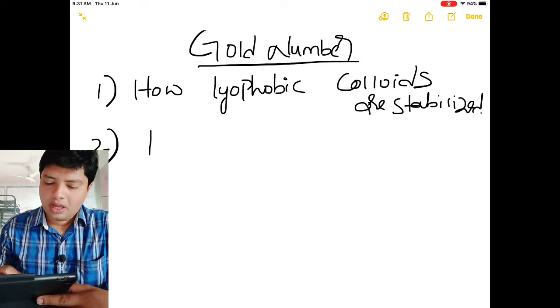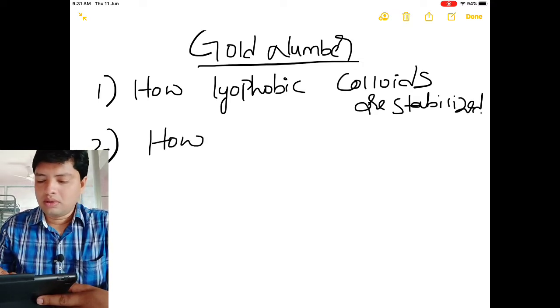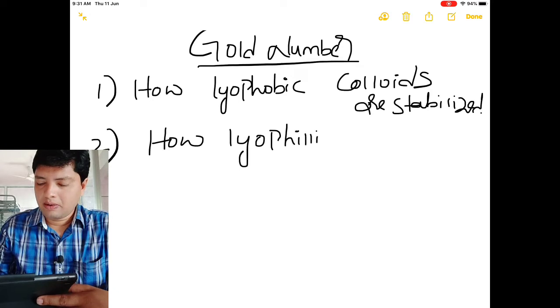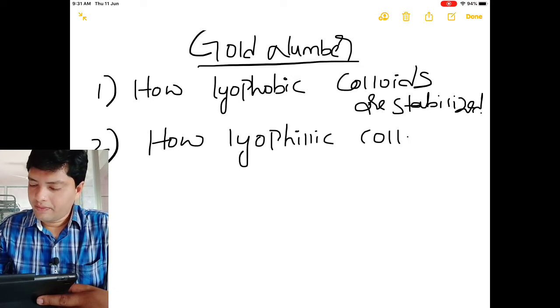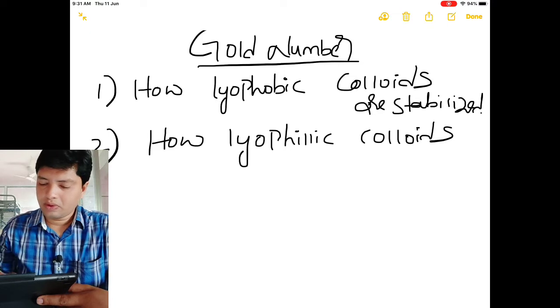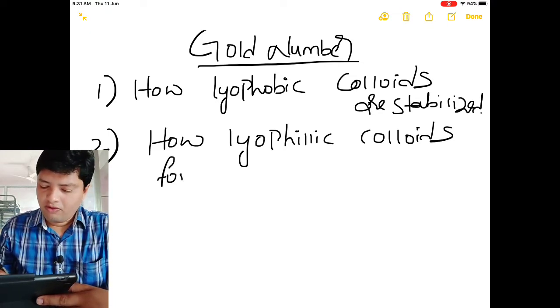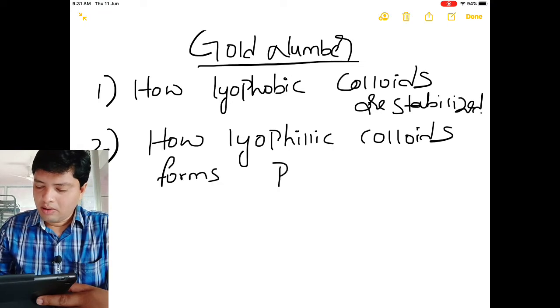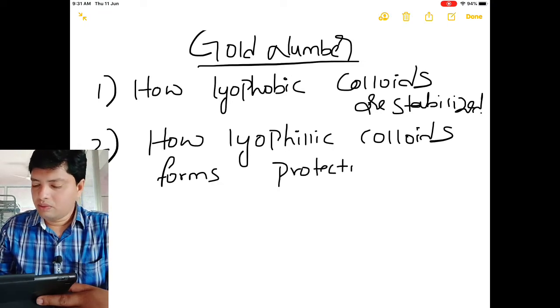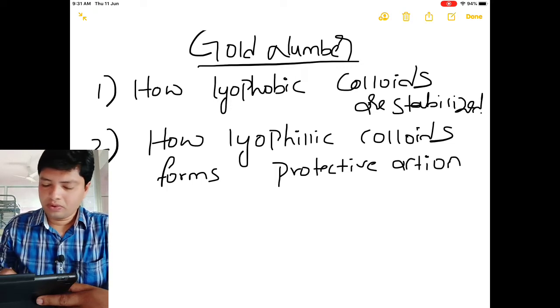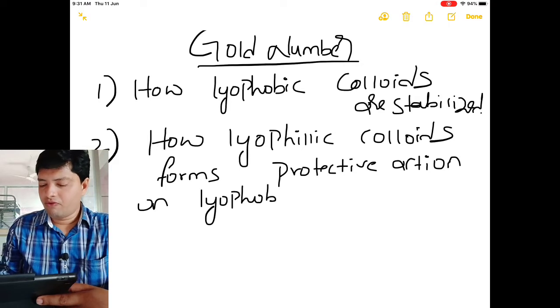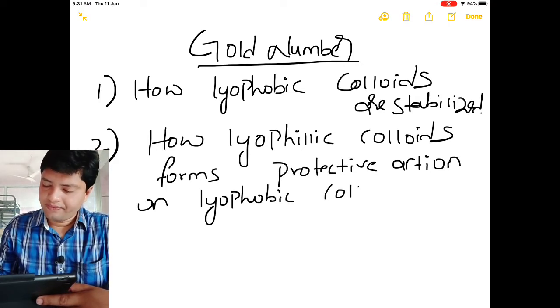2. How lyophilic colloids form protective action on lyophobic colloids.